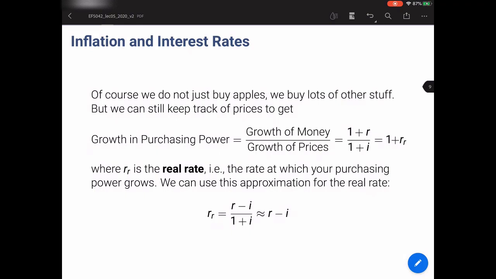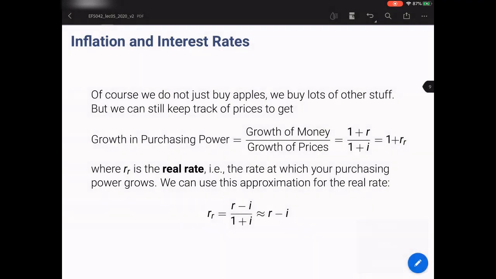It states that the growth in purchasing power is equal to the growth in money, which is the interest rate, divided by the growth in prices, which is inflation. So (1 + R) divided by (1 + I) is going to equal 1 + RR. So RR is our representation of the real interest rate.